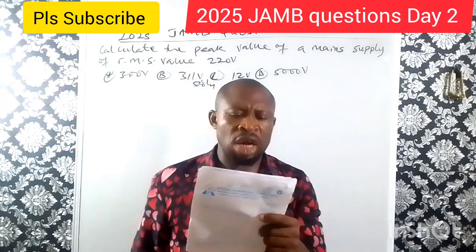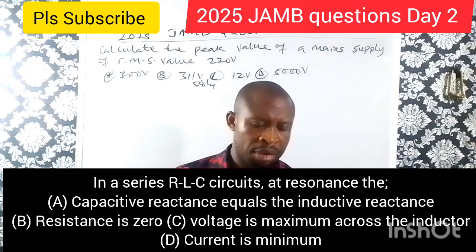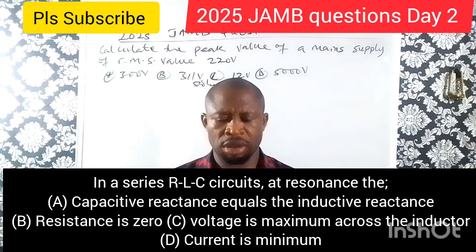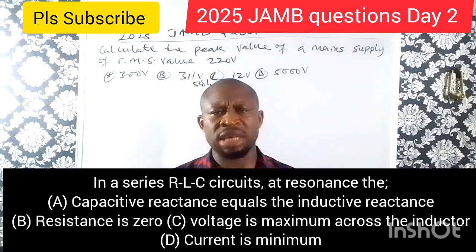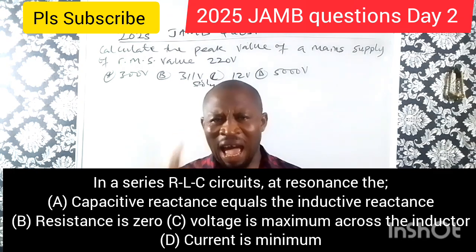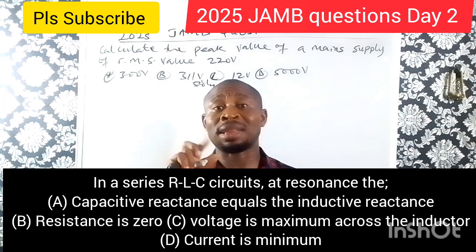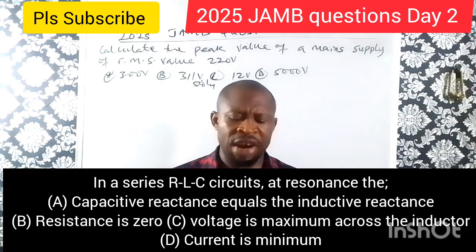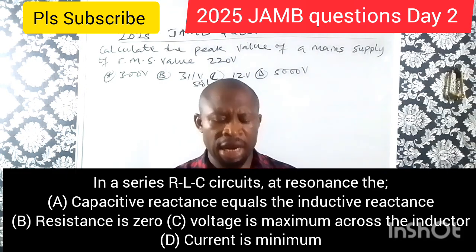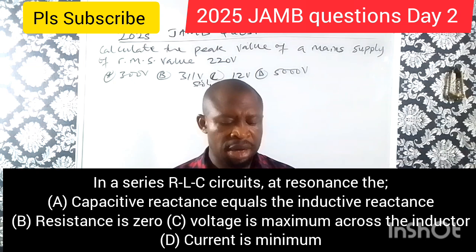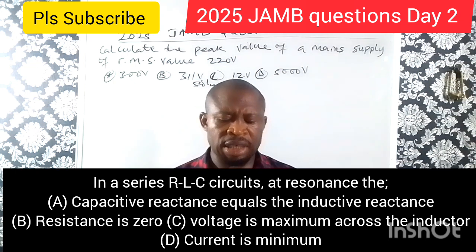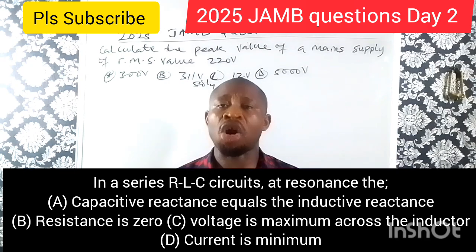The next question says, in a series RLC circuit, at resonance, the dash: A, capacitive reactance equals the inductive reactance. B, resistance is 0. C, voltage is maximum across the inductor.